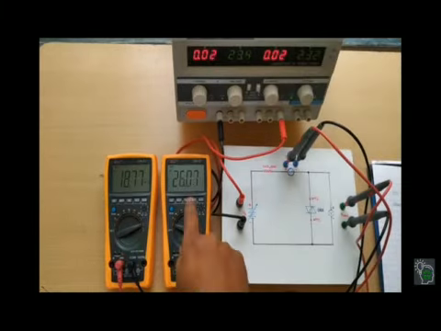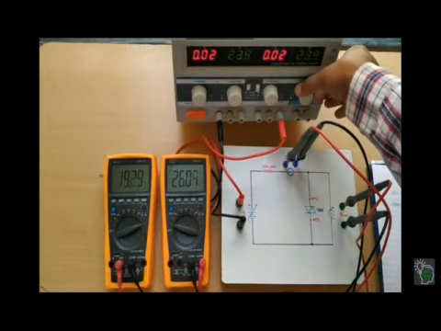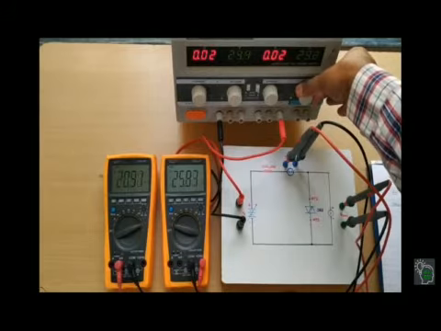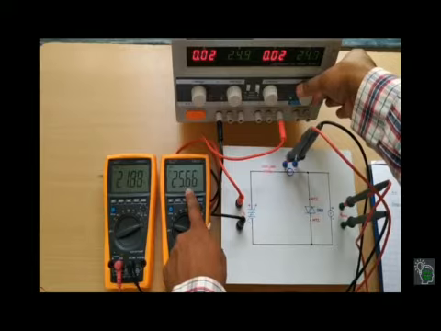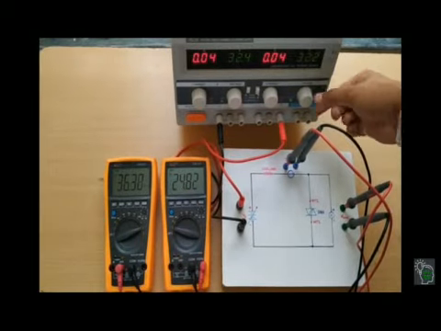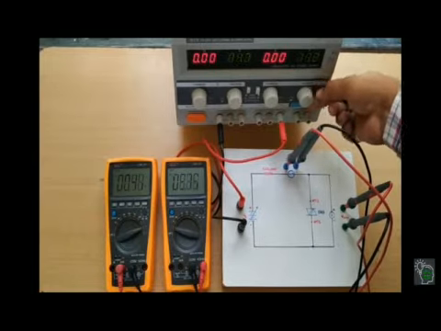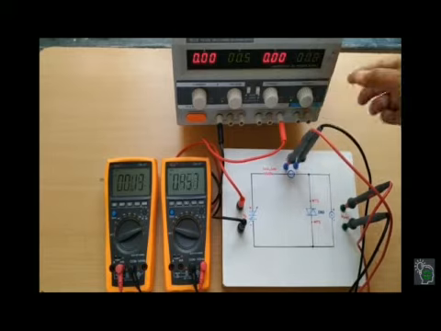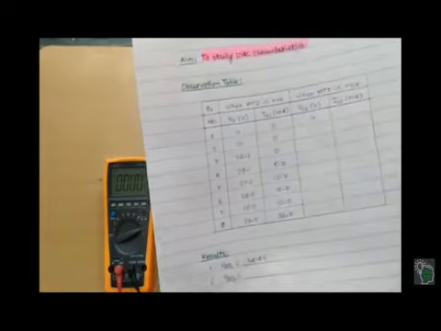At the point of 26 volt, the current is 18 milliampere. Then at 25 volt, the current increases rapidly. At 24 volt, the current increases to 36. Now we can minimize the voltage because the circuit cannot bear excess current, so we are minimizing that. These are our readings.